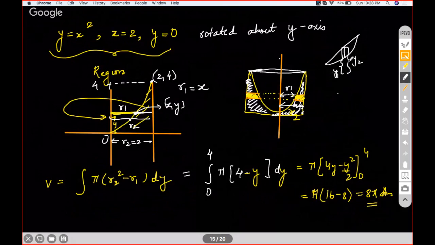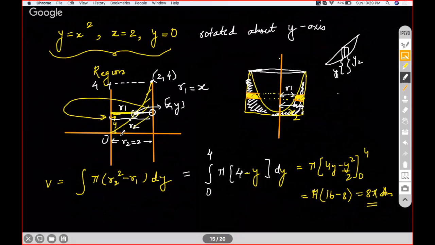Here, x at this point will be your R1, and x at this point will be your R2. In the previous question, it was y which was playing the role of R1 and R2. But in this one, you took R1 as x and you took R2 as 2.